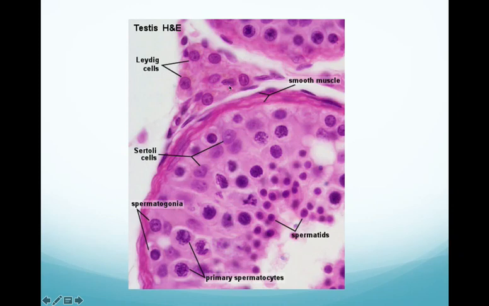Now, it's important to point out, because it's going to be really important in terms of the endocrinology, the Leydig cells are the secretory cells that respond to LH stimulation that are found outside the seminiferous tubules, right? So this is actually where our testosterone secretion is going to come from, and we'll show you a slide of that coming up.